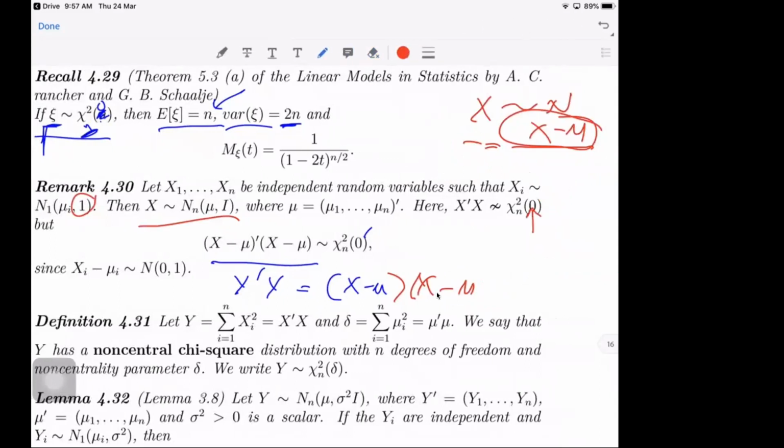But we can write this as x prime x is chi-square with n degrees of freedom, but the non-centrality parameter is mu prime mu. That will be equal to mu prime mu. So that will be your non-centrality parameter.